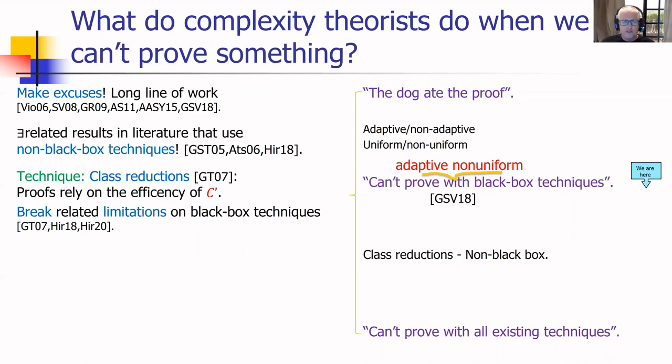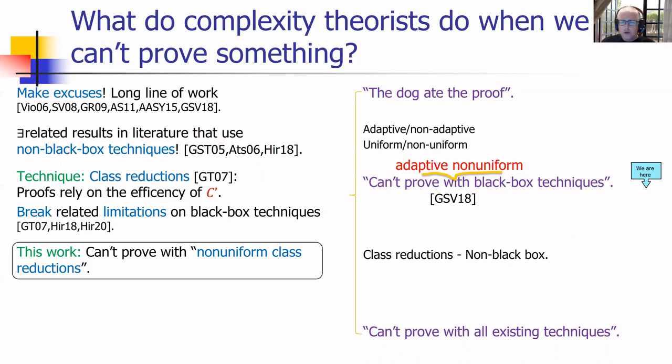And what do we achieve in this work? In this work, we improve the excuse. We show that you cannot solve these two open problems even if you use class reductions, and even if you use strong class reductions, non-uniform class reductions.